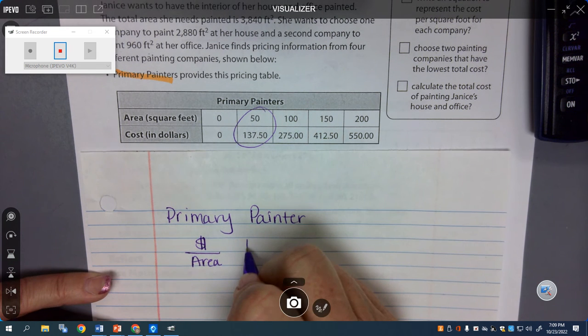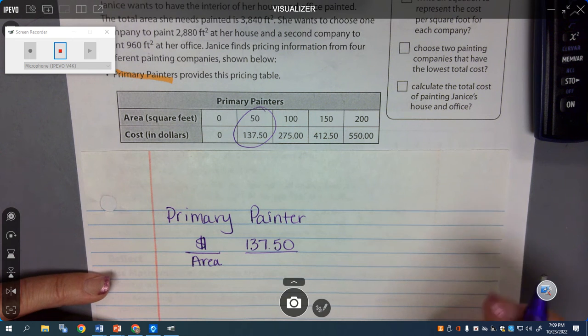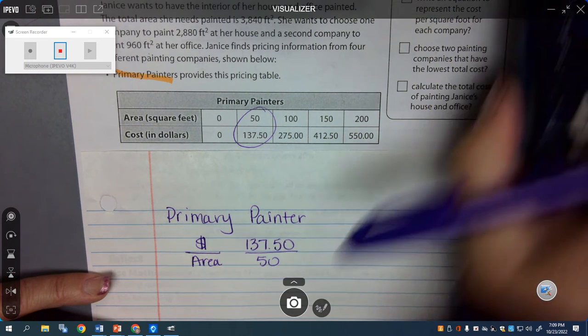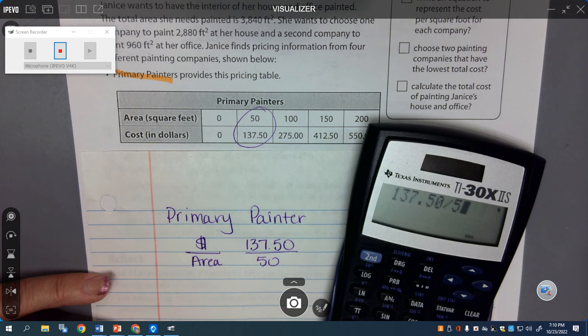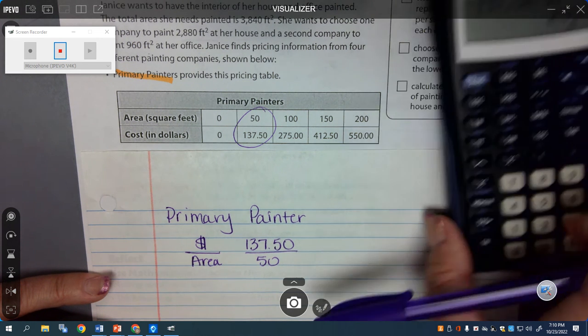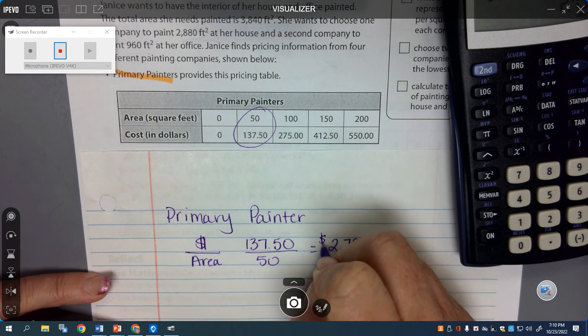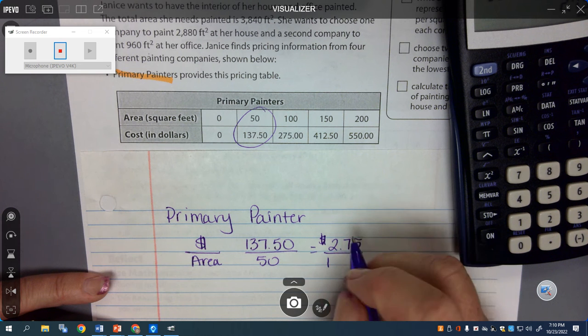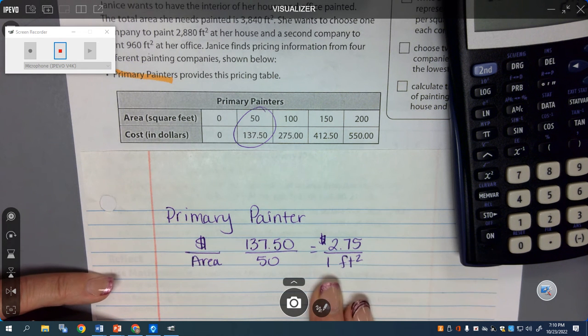So we're going to go $137.50, and we're going to divide it by 50. So 137.50 divided by 50 comes out to be $2.75. So therefore, for 1 square foot, it's going to cost $2.75.